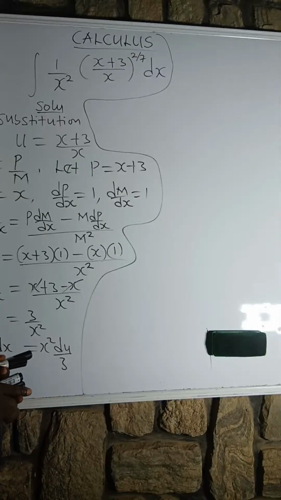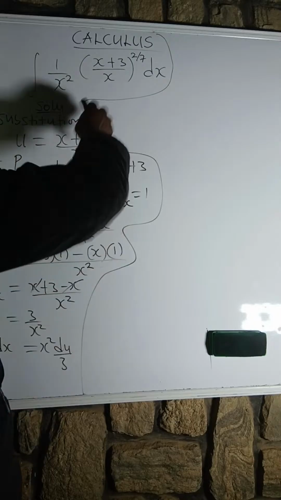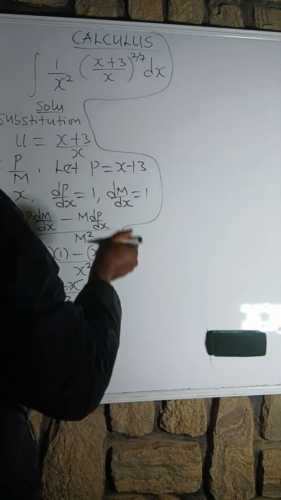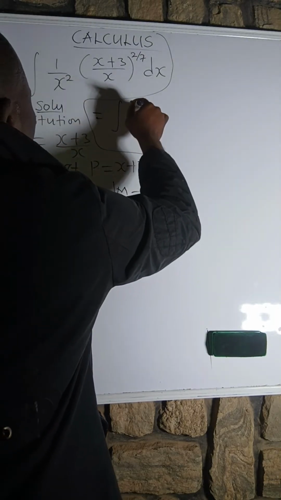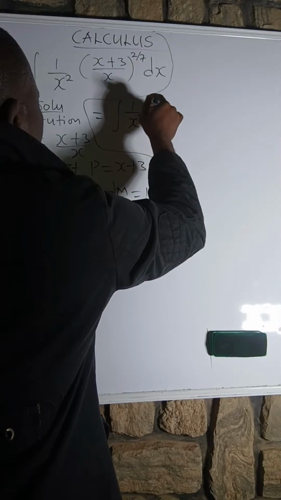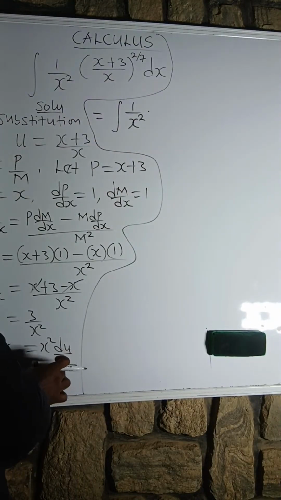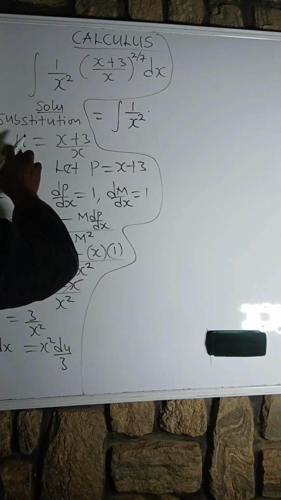For us to now substitute in dx, instead of dx we write x squared du over 3. So here will now be equal to the integral of 1 over x squared times dx. But mind you, here we said let u.